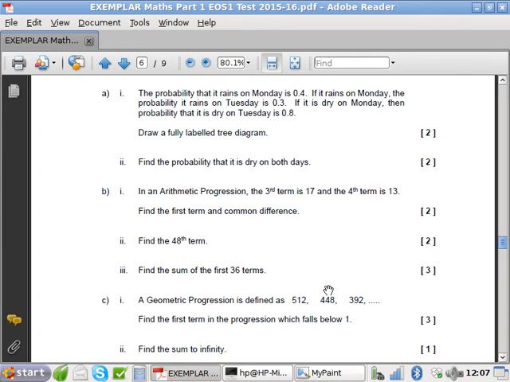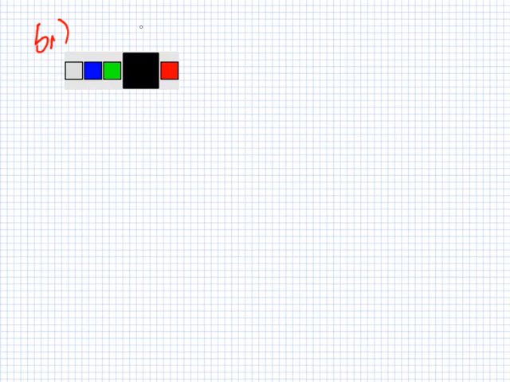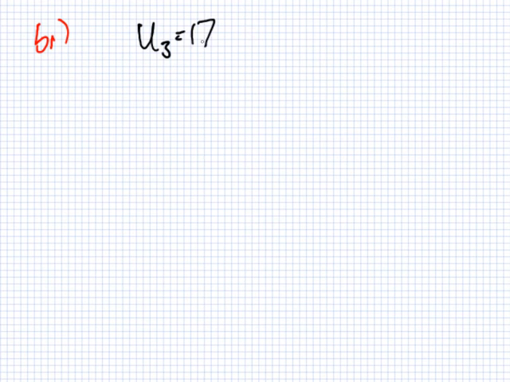In an arithmetic progression, the third term is 17 and the fourth term is 13. Find the first term and common difference. Okay. So the third term is 17 and the fourth term is 13.